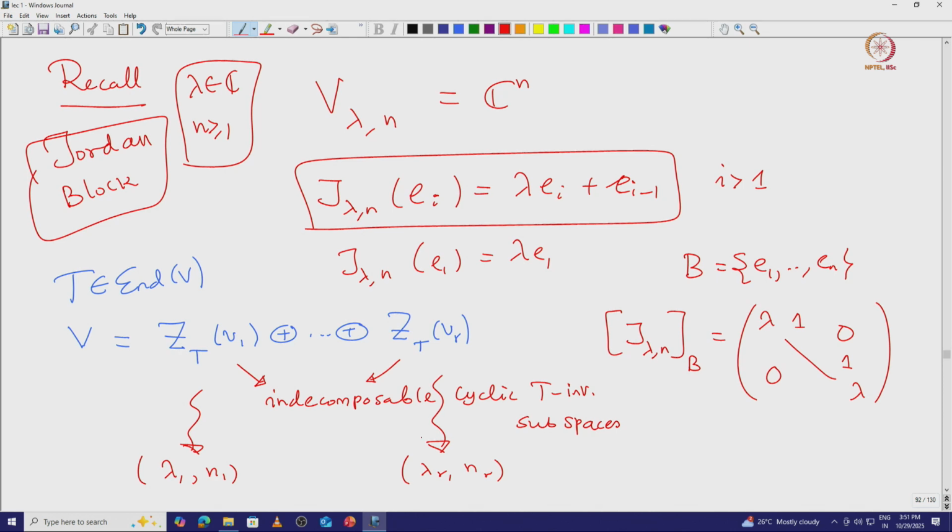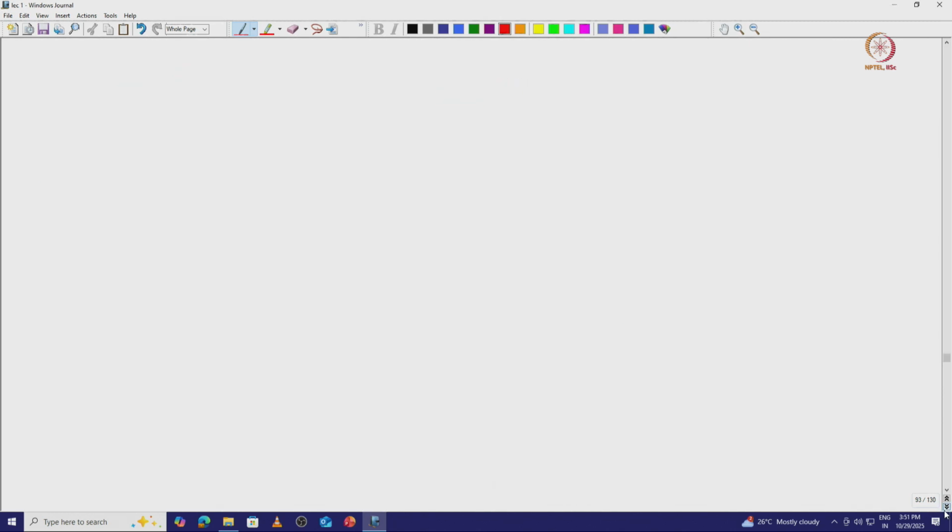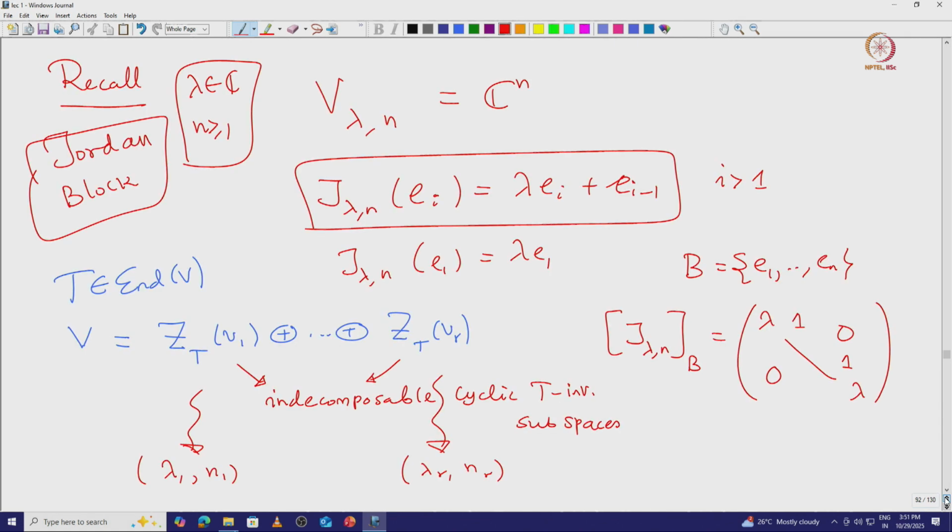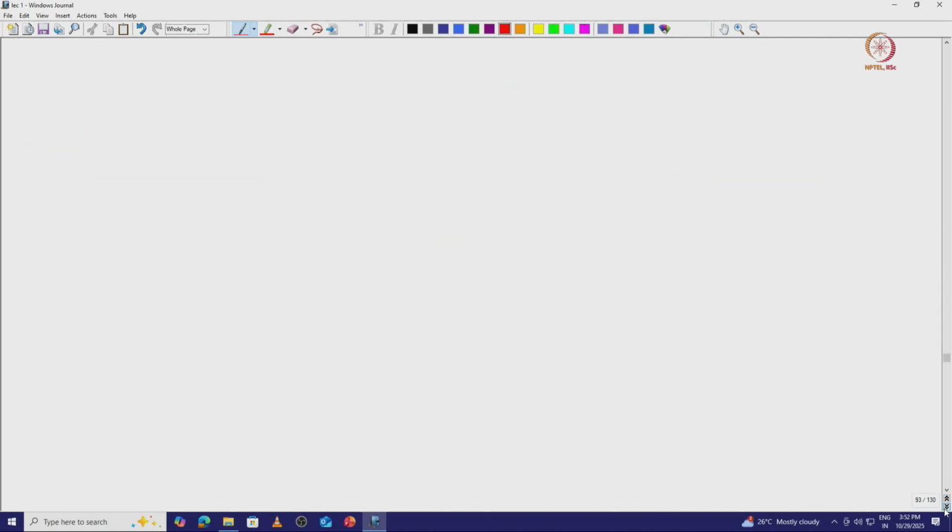Now if we talk in terms of the C[x] representation, it is easy to see that these Jordan blocks that are appearing in the operator decomposition, they are the indecomposable subrepresentations that we are interested in. Okay. So, it is clear.